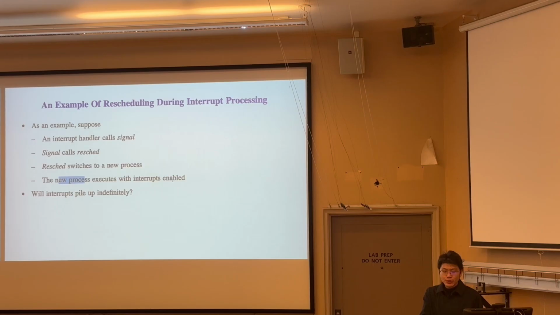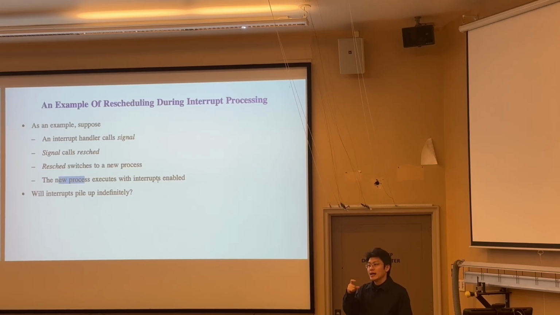And when it executes with interrupts enabled, it is possible another process can switch in. So the best practice is that inside your interrupt handler, try to avoid calling any reschedule.